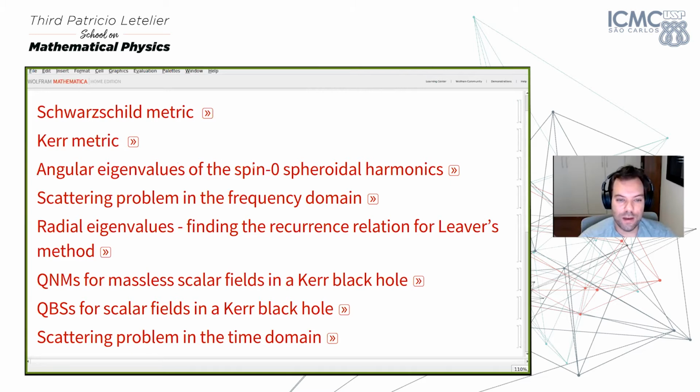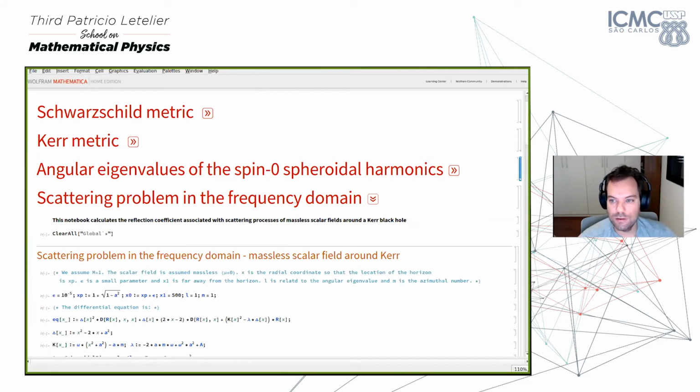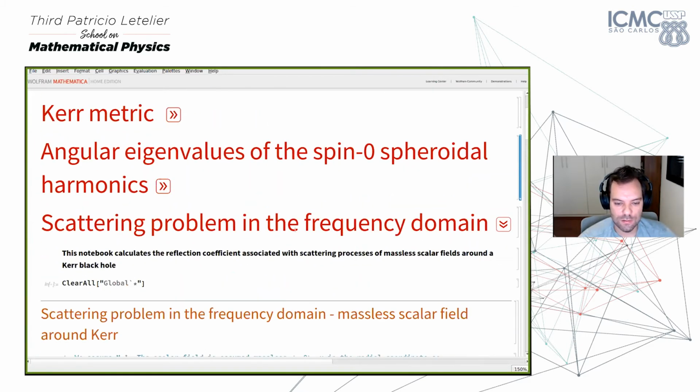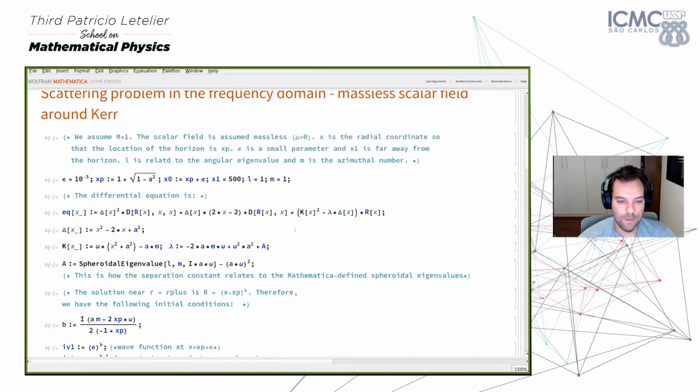The eigenvalues of the angular equation we did on Tuesday are here. So now we are doing the scattering. Let me increase the size so that you can see it better. You have access to this notebook, so if you have Mathematica, you can play around.